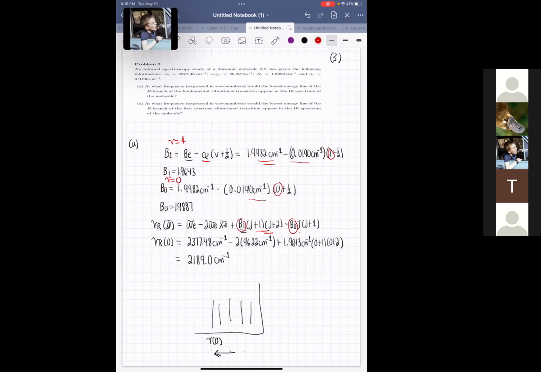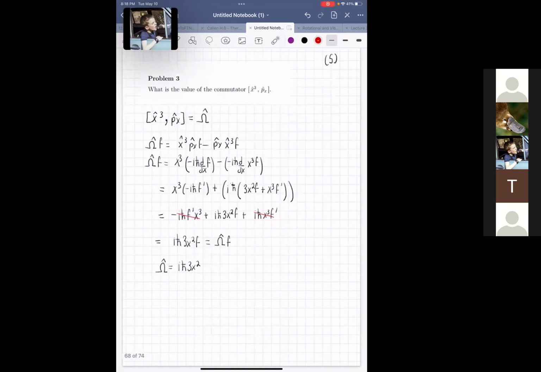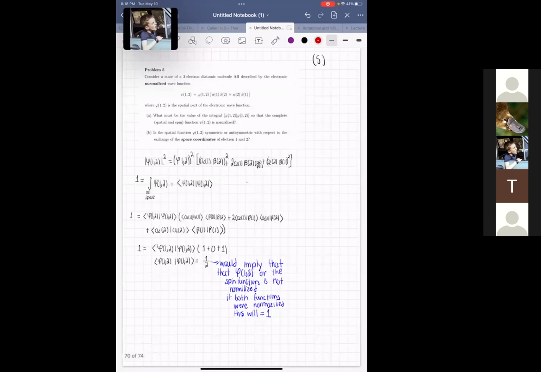Still, I have one more question on problem 5. Problem 5 on the exam. Yeah, on this. Okay. So, as I consider a state of two electron molecules AB with wave functions, what was the value of the constant so that the complete spatial and spin wave function is normalized?